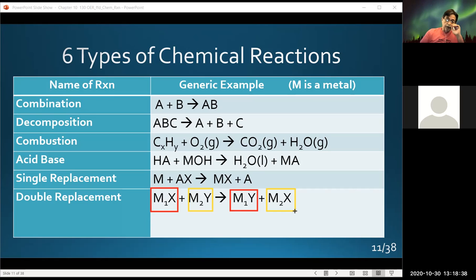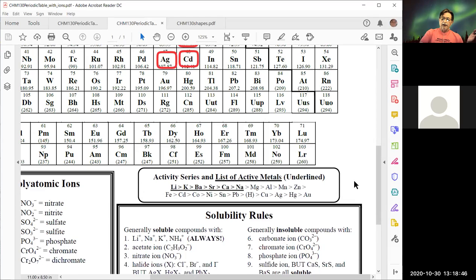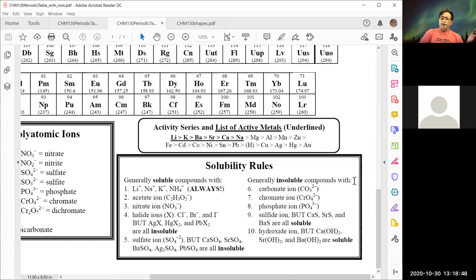Now, how do we determine that? Well, we go back to the periodic table again, and this time we utilize the solubility rules. Okay, we talked about the solubility rules. We'll go over them again here in a bit. On the left column is the soluble, and the right column is the insoluble.